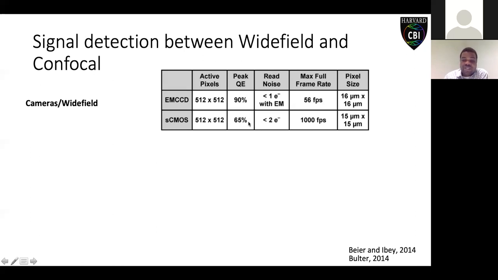New systems in the market now have improved quantum efficiency, something along the range of about 80% or higher. But then the frame rate is always higher, and therefore it is becoming the choice for most microscopy applications.